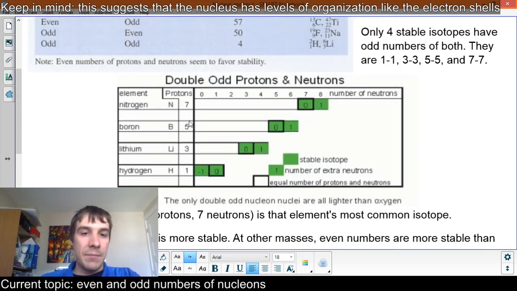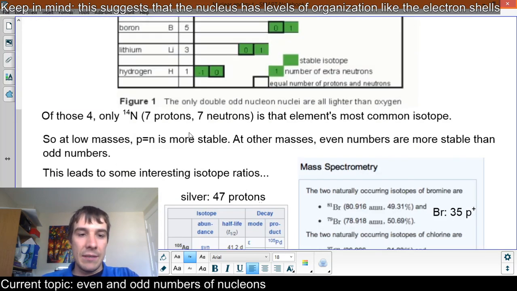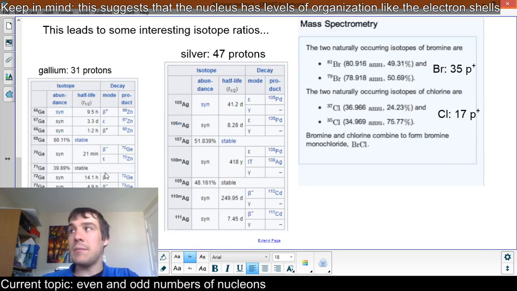And this is where our isotope ratios are so interesting, because, for example, if we look at gallium here, gallium 69 is stable, and gallium 71 is stable. It's about 60% one and about 40% the other. Gallium 70 decays with a 21-minute half-life. Out of all of these, the shortest lived isotope is the one that's right between the 2 stable ones.